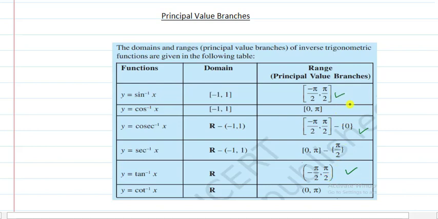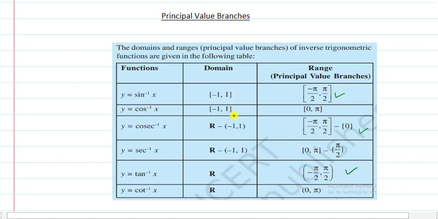So if you learn sine inverse x, tan inverse x and cosec inverse x all together, and then cos inverse x, sec inverse x and cot inverse x all together, it will be easy for you to keep these principal value branches in your mind.